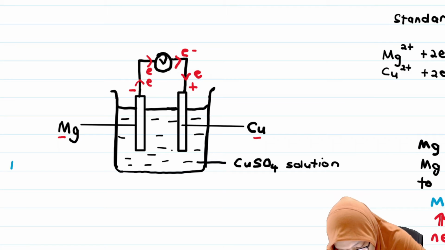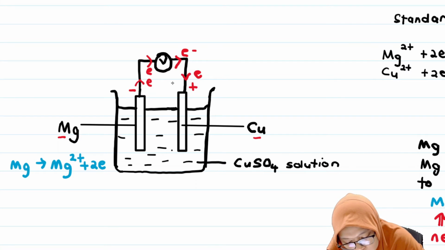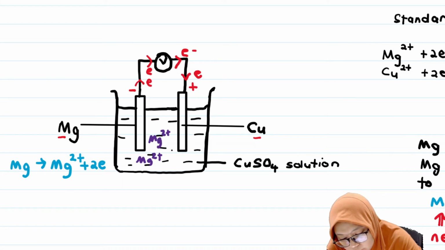So let me write the half equation for the magnesium first. Magnesium will release electrons to form magnesium 2 plus ion. The electrons travel through the circuit and the magnesium ion will form inside the solution. So the magnesium will dissolve in the copper sulfate solution as an ion. What happened to the electrode?